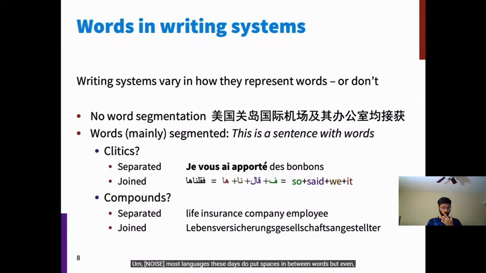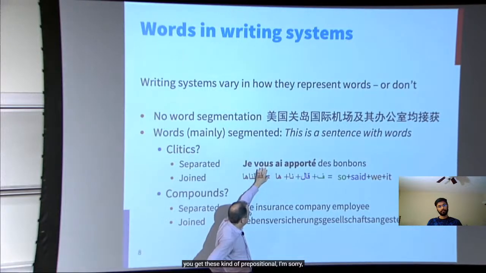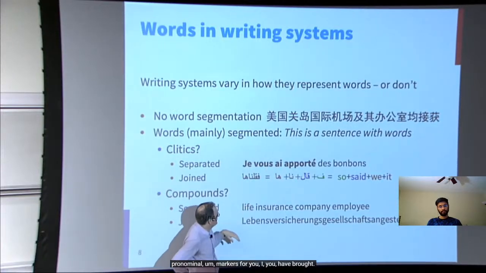Most languages these days do put spaces in between words, but even then there are a lot of fine cases. In particular, a lot of languages have little bits of stuff, which might be pronouns or prepositions or various joining words like and, so, which sometimes they write together and sometimes separately. So in French, you get these pronominal markers, for you, you have brought.